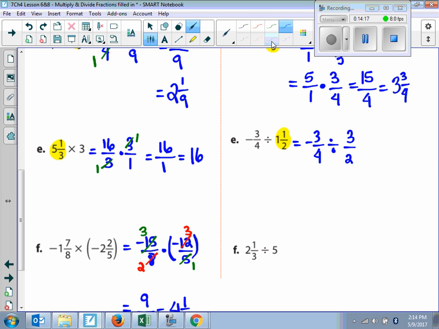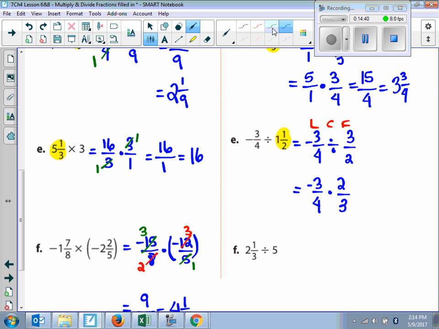Very good. And again, this is where you're going to leave it, change it, flip it. Okay? So when we do that, we end up with negative 3/4. The division becomes multiplication, and the 3/2 becomes 2/3.